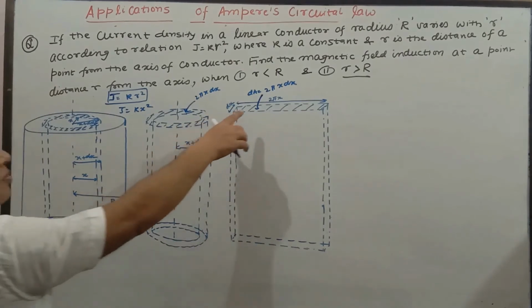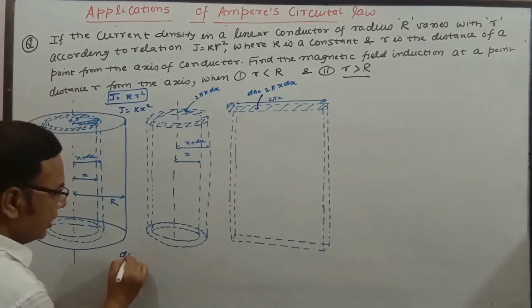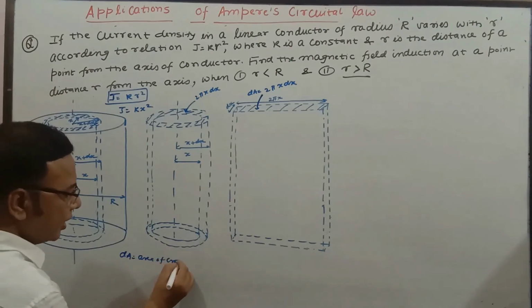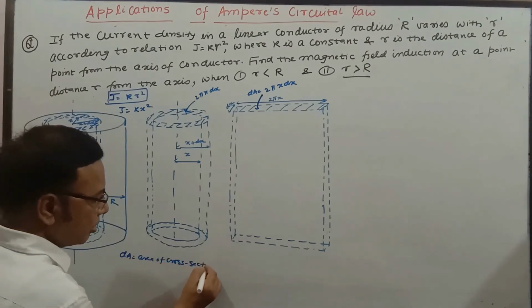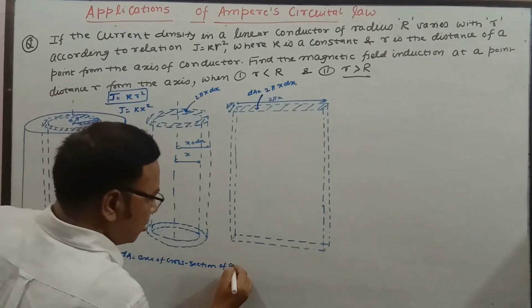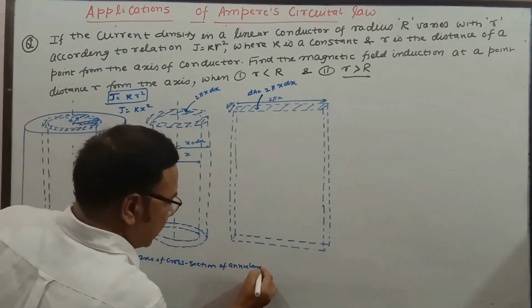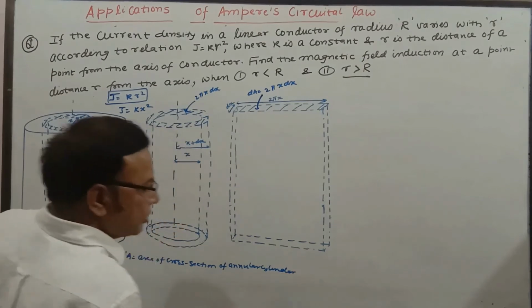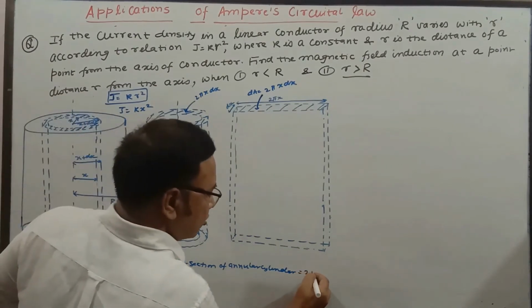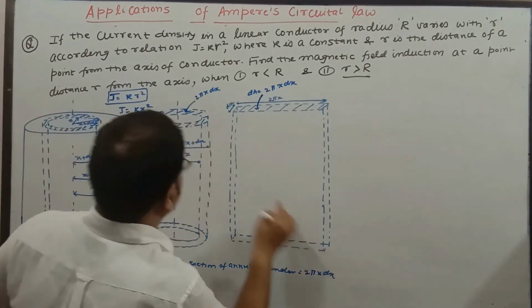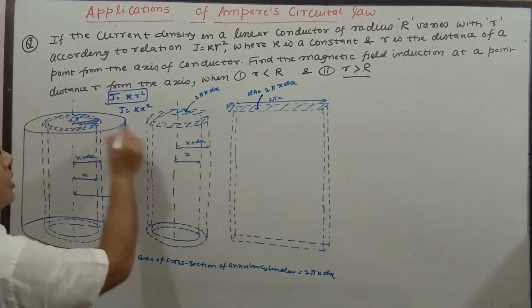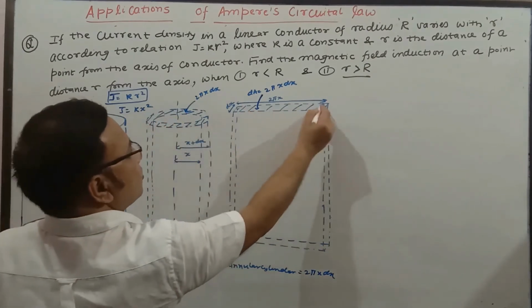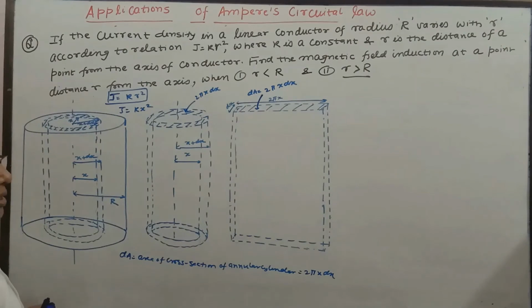So here I am writing dA, the area of cross section of the annular cylinder, having inner radius x and outer radius x plus dx, that is 2 pi x dx. This shaded zone, here this shaded zone, here this shaded zone, all three are alike, 2 pi x dx.